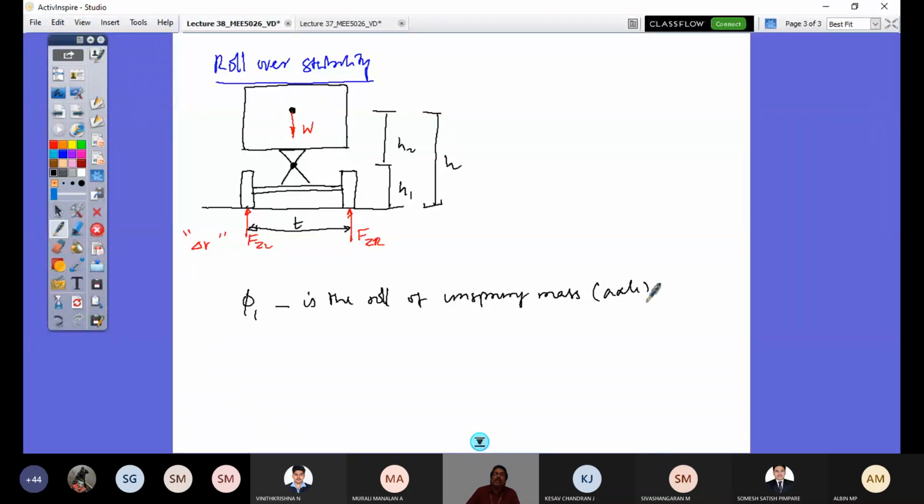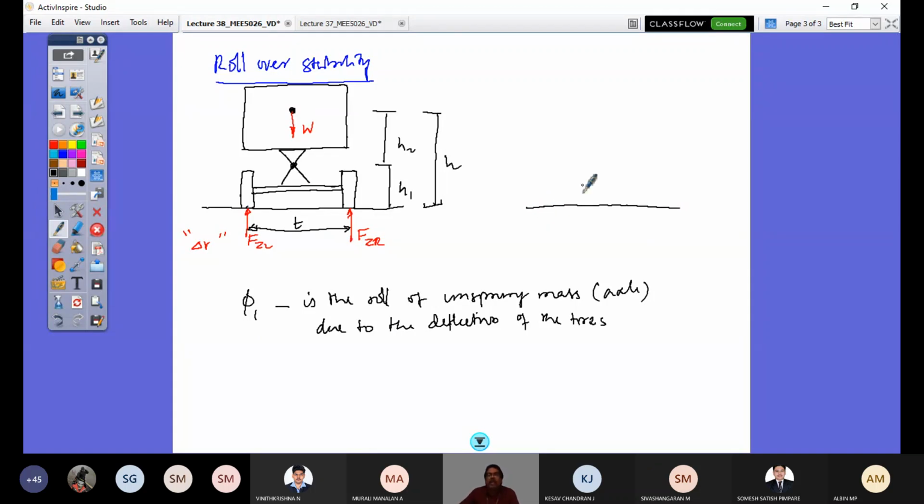And this roll is happening due to the deflection of the tires in the left and right. So if I have to represent that in my diagram, how do I draw it?